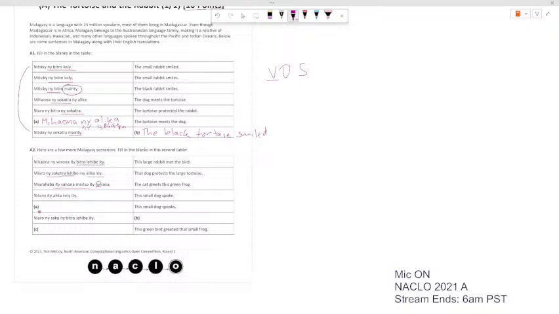So this small dog speaks would be, since it's conjugated with an N at the beginning for the past tense and then an M at the beginning for the present tense, it would be miteny. Small dog spoke. So this small dog speaks. I think it would be just this changing.